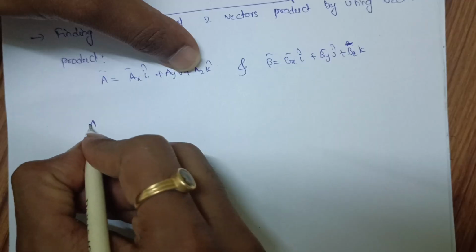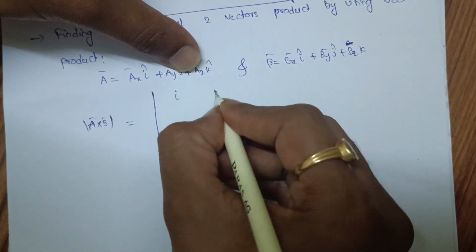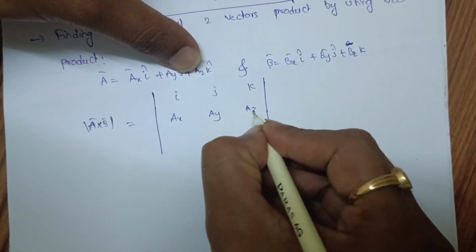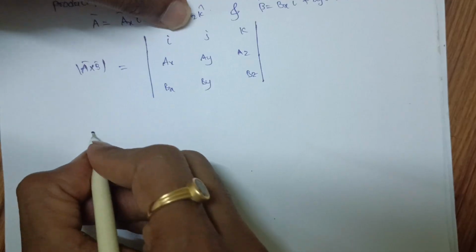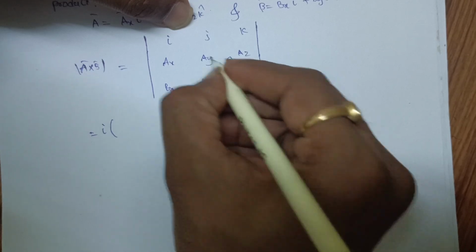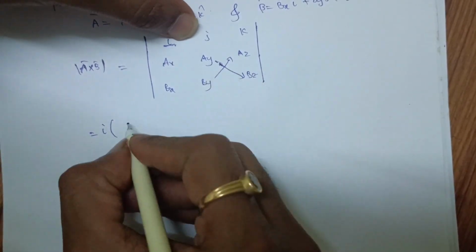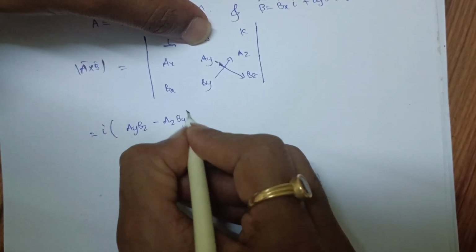Then here A cross B is equal to, we can use the determinant method: AX, AY, AZ, BX, BY, BZ. So for i, in the determinant process, I have to cross multiply these two: AY BZ minus AZ BY.